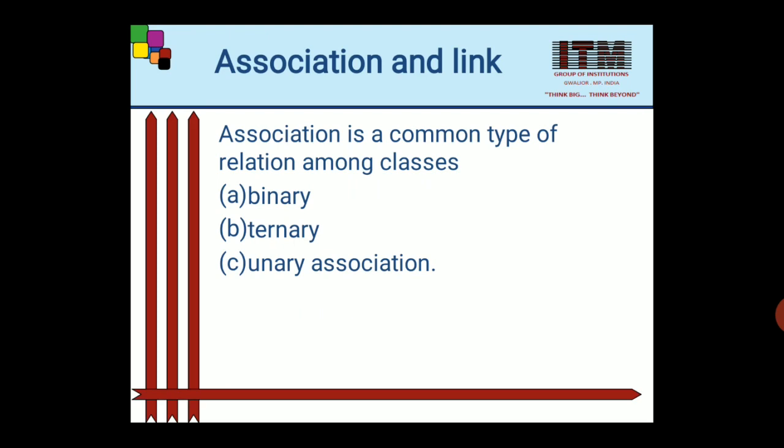A class can have an association relationship with itself. This is called the recursive association or the unary association. Just to give an example, two students may be friends. Here an association named friendship exists among a pair of objects of the student class.